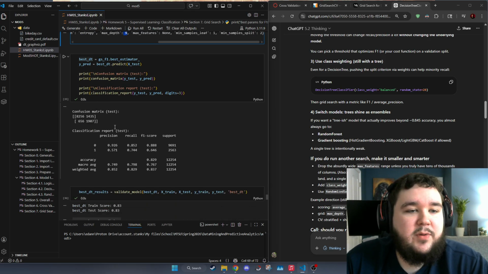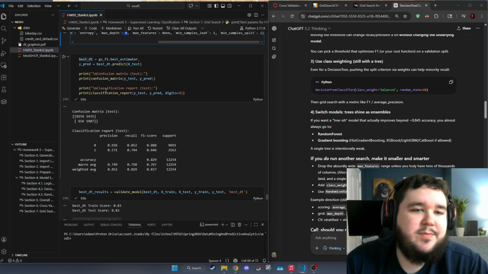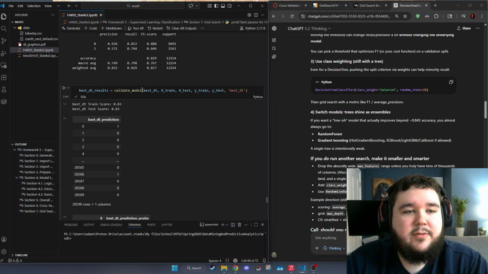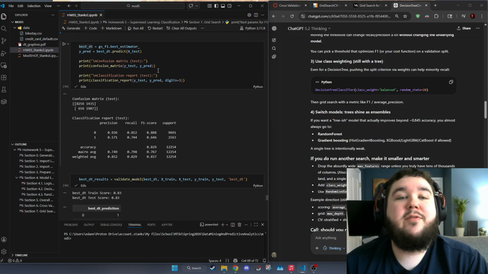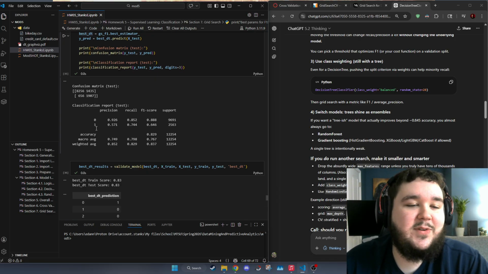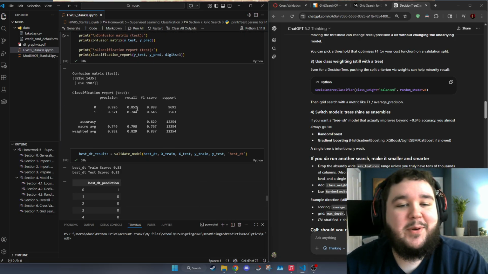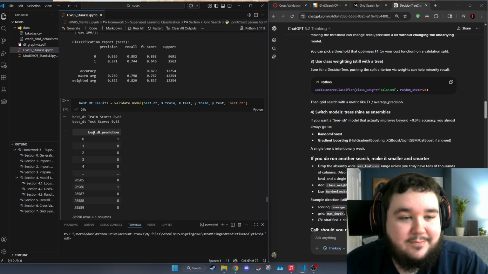So to really test it out, it gave me this printout, but I had my original validate model, and I didn't feel like deleting this and having to rerun the notebook for you. So I left that in there so I didn't have to rerun and sit there for another hour.